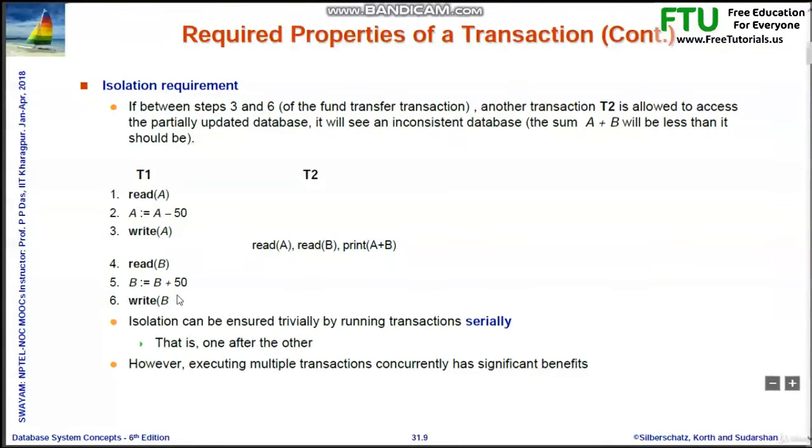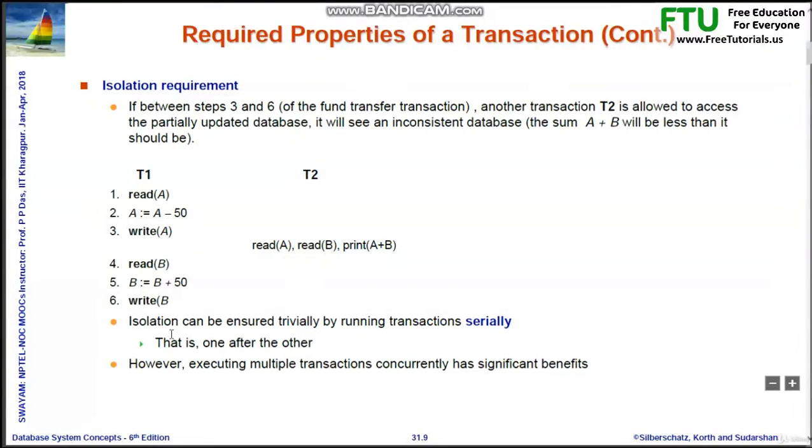But due to the write A, and because we have not done the remaining instructions at that time, 100 minus 50 equals 50, A equals 50 and B is 10, so 50 plus 10 equals 60. That's what it is saying, A plus B. So our database is inconsistent because it has to be 110 but it has 60.